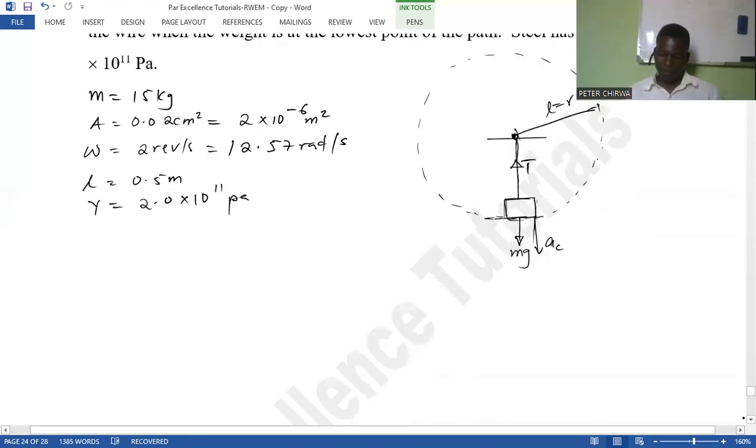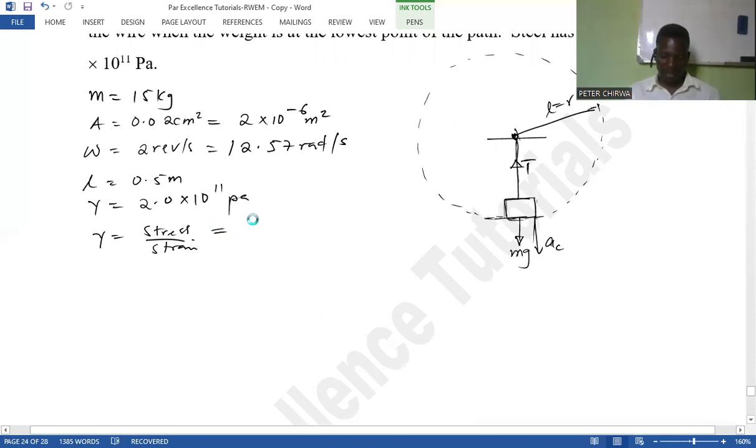All right, so we have that system that I've shown you there. Now how do we go about it? So we know that Young's modulus is stress over strain. This question is from mechanical properties of matter. So we have Young's modulus being equal to stress over strain.